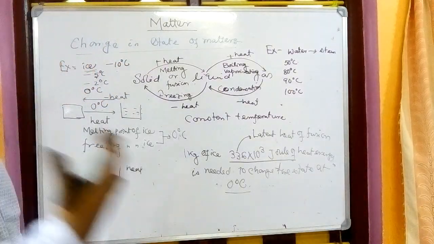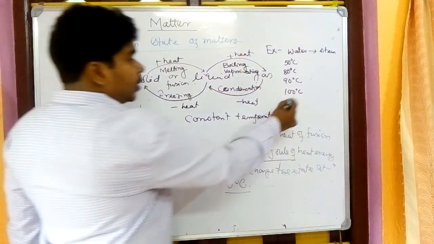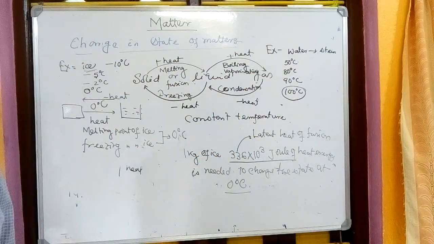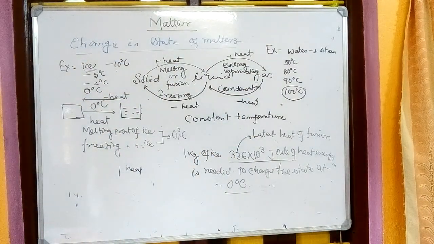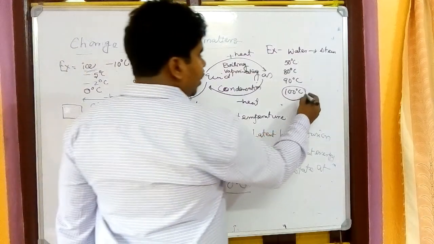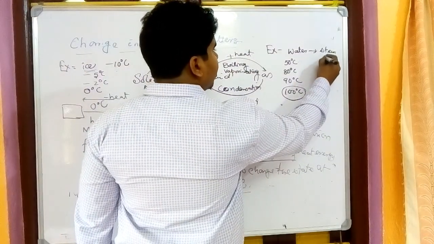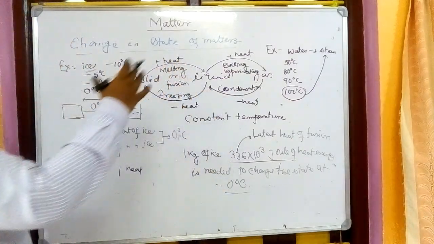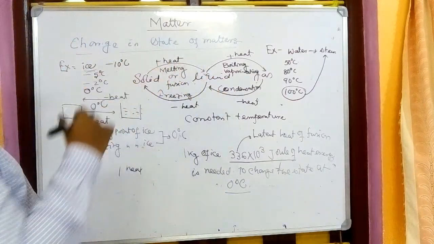If you give more heat energy, the temperature will not increase beyond 100 degrees centigrade. It stays fixed there, and at 100 degrees centigrade it converts into steam.